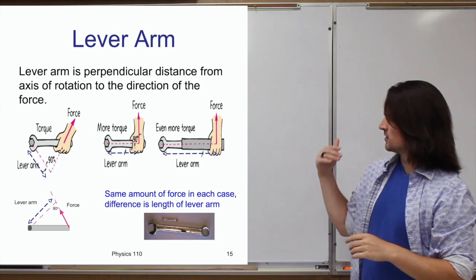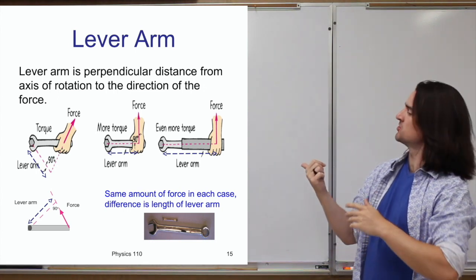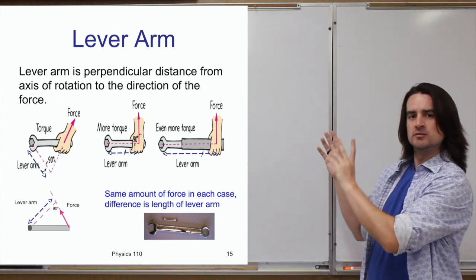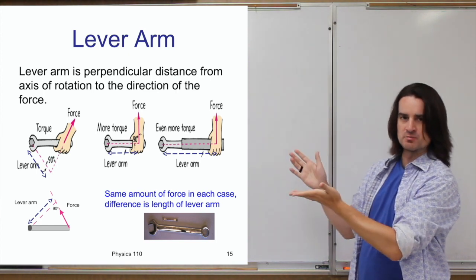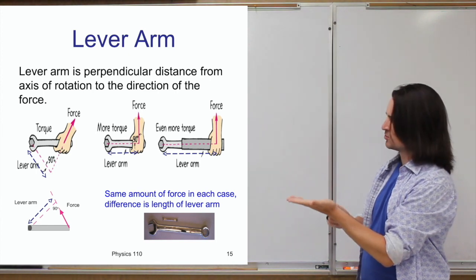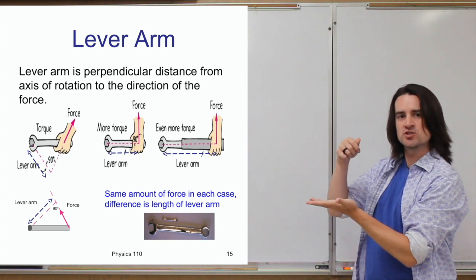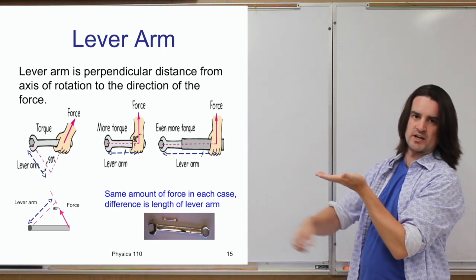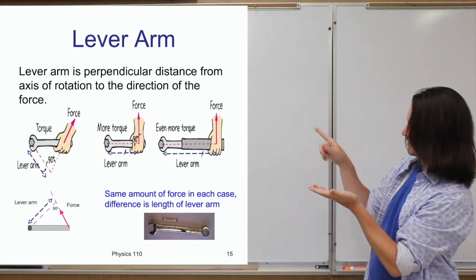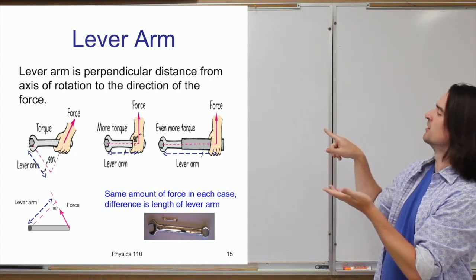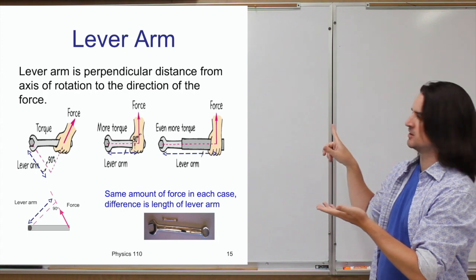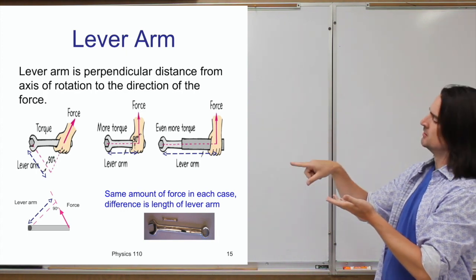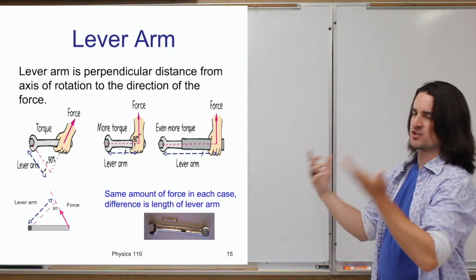The last thing to say here is that, hopefully it's obvious by now, the optimal way to apply a torque is to exert a force that is tangent to the circle you're trying to rotate about, right? That's the middle and the upper right pictures here. So the left and the bottom one are both suboptimal.